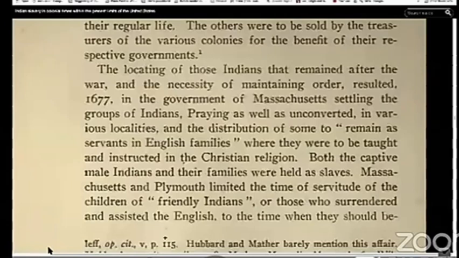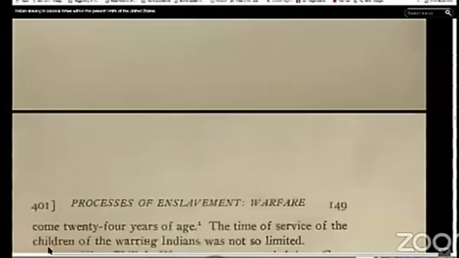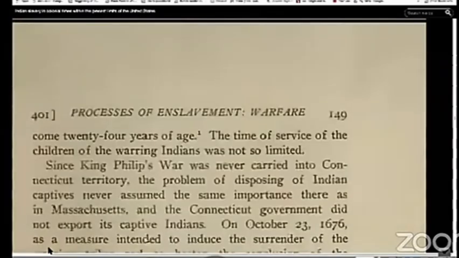Both the captive male Indians and their families were held as slaves. Massachusetts and Plymouth limited the time of servitude of the children of friendly Indians, or those who surrendered and assisted the English, to the time when they should become 24 years of age. The time of service of the children of the enemy Indians was not so limited.